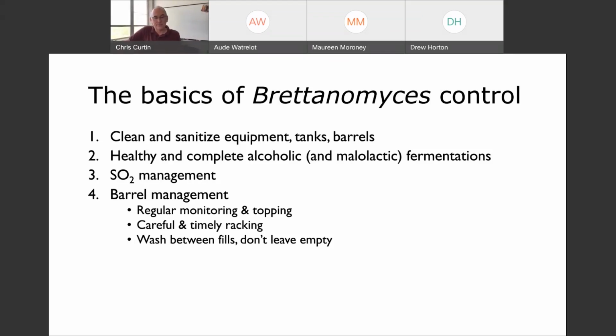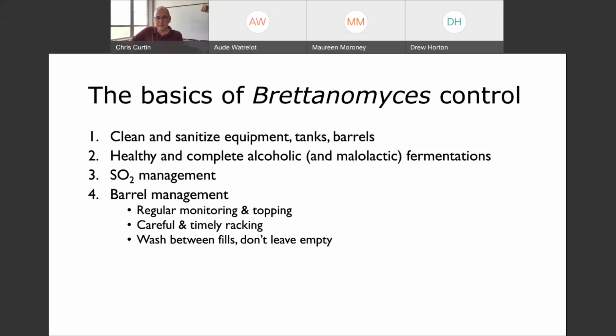But the shorter that window, the better. And it is very important to wash. And this is where it gets a bit tricky because I've seen examples where washing barrels has actually contributed more to a Brettanomyces spoilage issue. And it was because it was combined with something else, in this case, inadequate sulfur dioxide management.